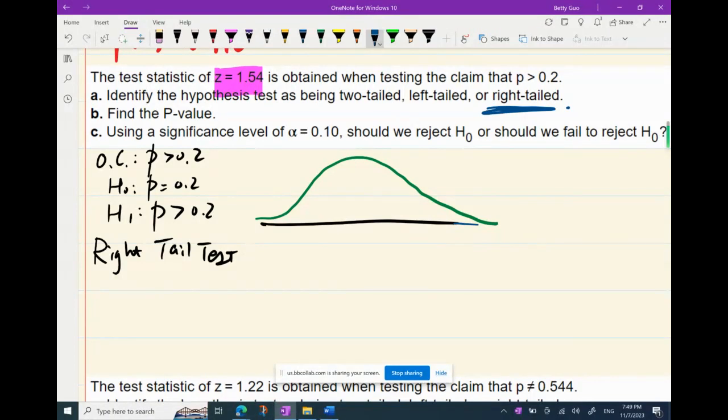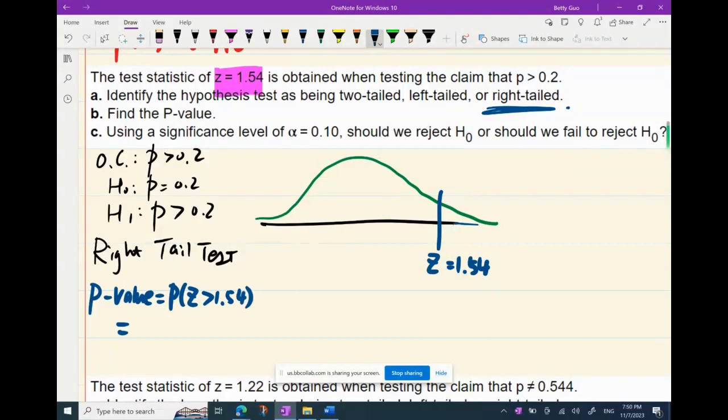Test statistic Z equals 1.54. I'm going to use blue color. Let's say Z equals 1.54. And our p-value is the probability that Z is bigger than 1.54.